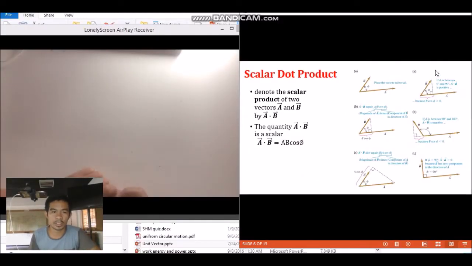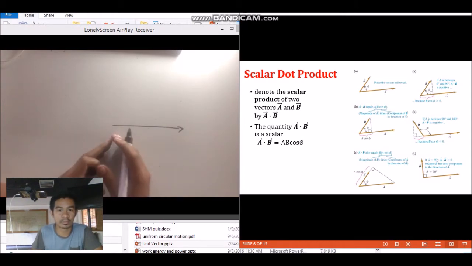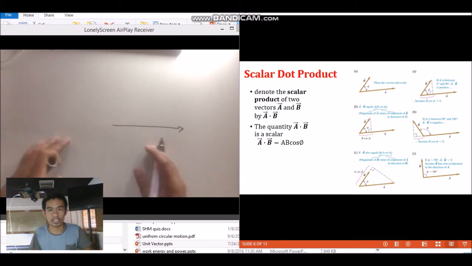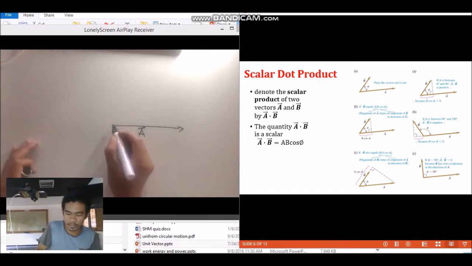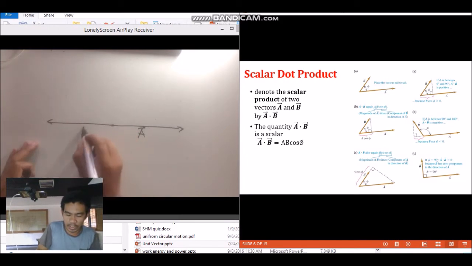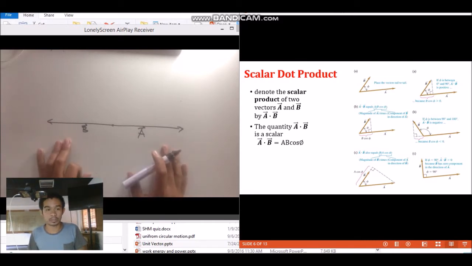So what do you think is the scalar dot product of two anti-parallel vectors? Remember, anti-parallel vectors are two vectors pointing in opposite directions. If vector A is pointing in that direction, then vector B must point in that direction. They don't have the same magnitude, but they are pointing in opposite directions.